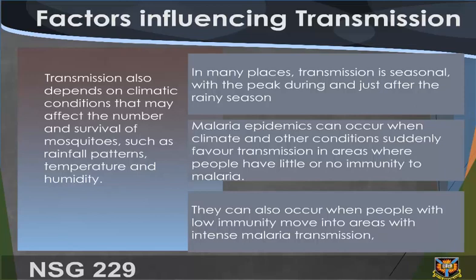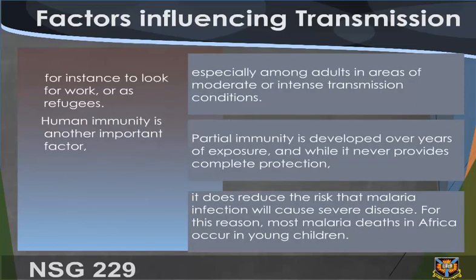Malaria epidemics can occur when climate and other conditions suddenly favor transmission in areas where people have little or no immunity to malaria. They can also occur when people with low immunity move into areas with intense malaria transmission, for instance, to look for work or as refugees.